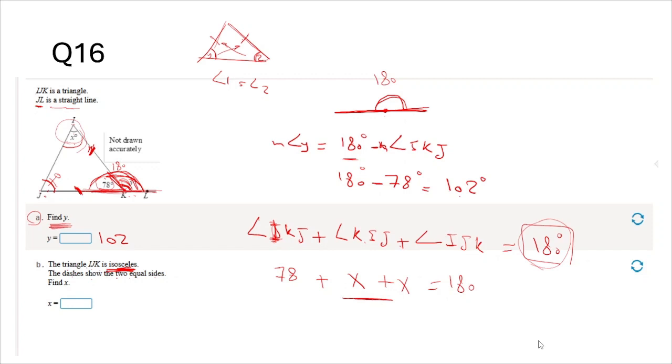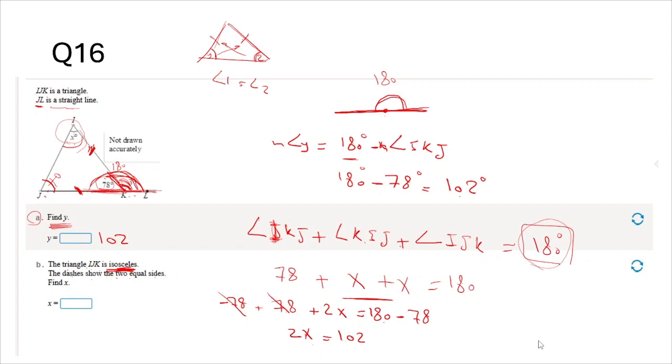Let's simplify this equation. I have 78 plus 2x equals 180. Subtract 78 from both sides, so 2x equals 102.